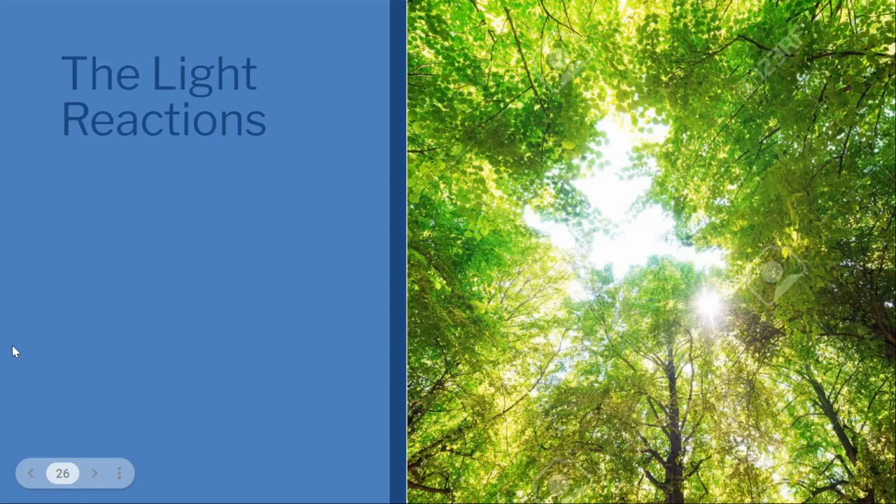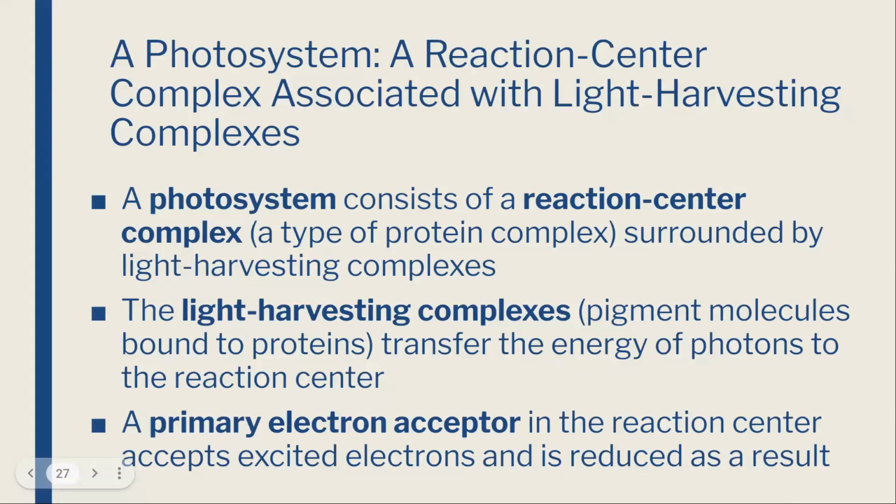Okay, so let's take a closer look at the light reactions in photosynthesis. There are two photosystems involved in the light reactions. There's photosystem 2 and photosystem 1. But both of those are going to have a reaction center complex, and that's going to be surrounded by light harvesting complexes.